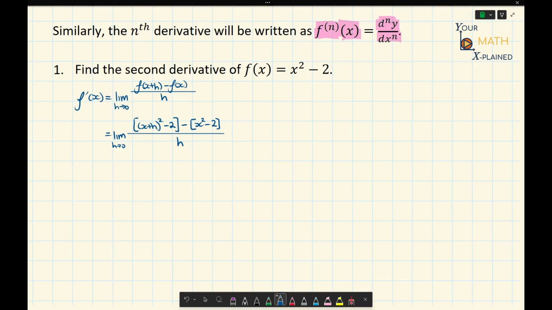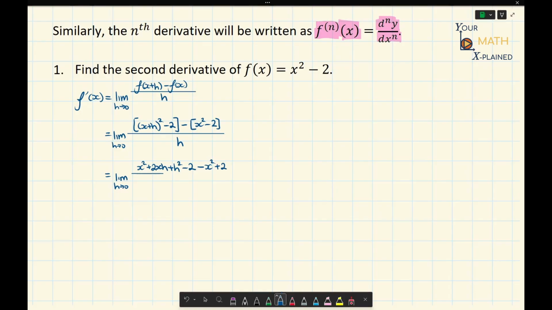So let's go ahead and expand out the first bracket. So we get limit as h approaches 0, and then this is going to be x squared plus 2xh plus h squared minus 2. And then let's go ahead and distribute this minus, so we get minus x squared plus 2.